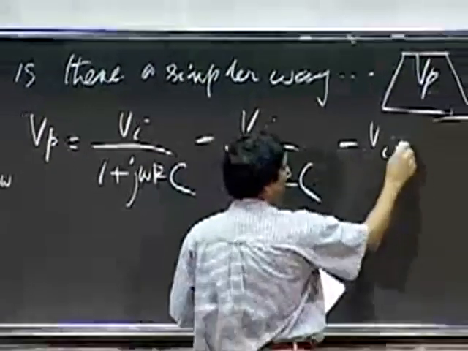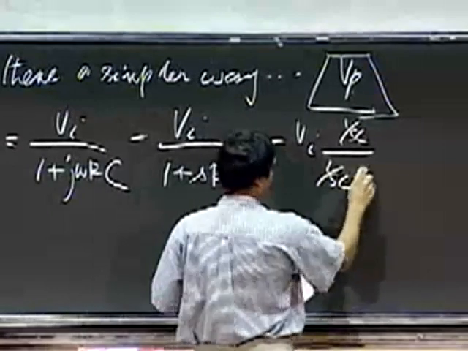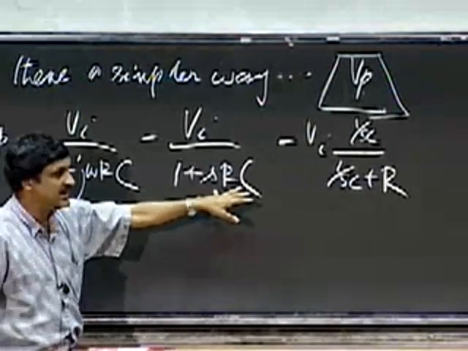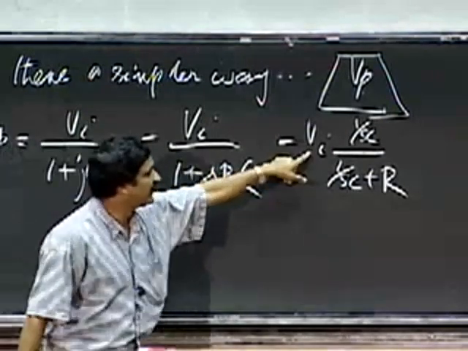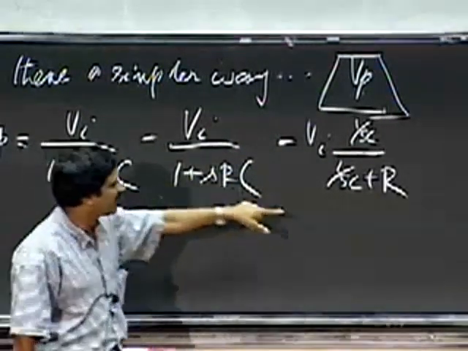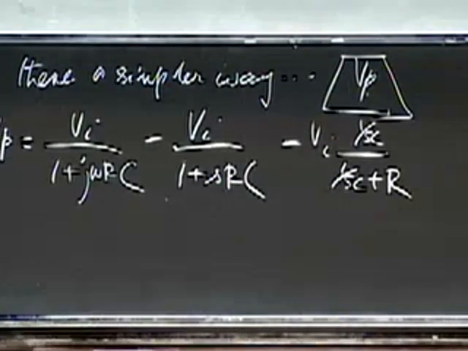So I get VI times 1 by SC, divided by 1 by SC plus R. Light bulbs beginning to go off?